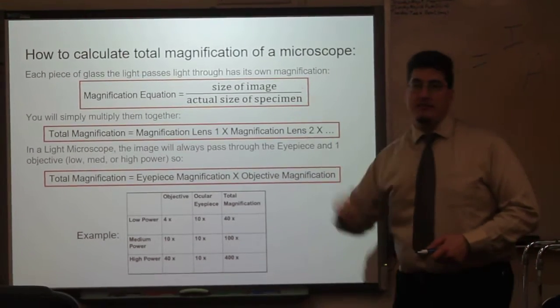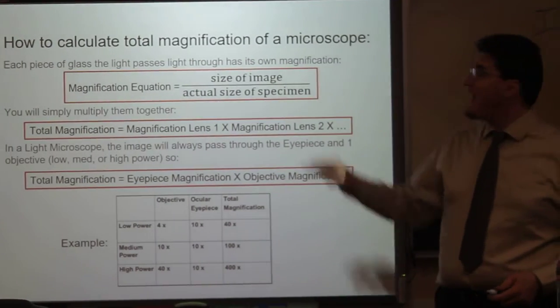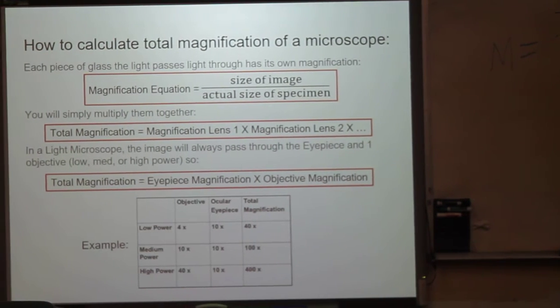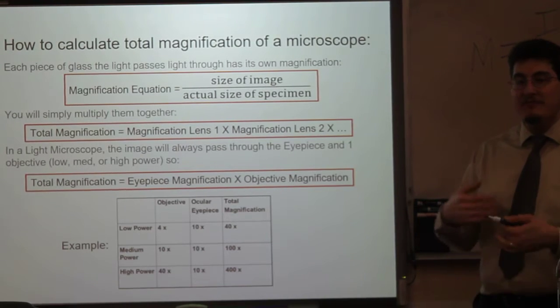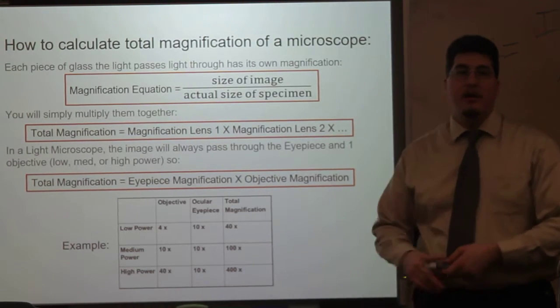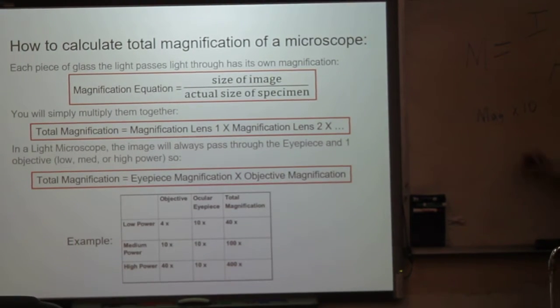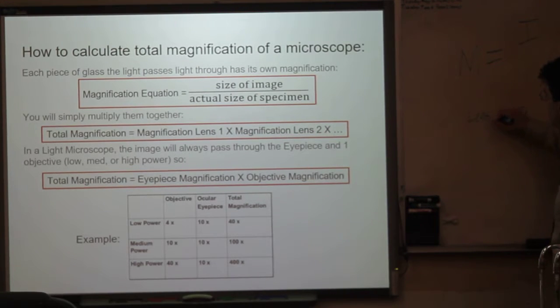The total magnification is the magnification of the first lens multiplied by the magnification of the second lens, multiplied by the magnification of the third lens, by the fourth lens, by the fifth lens, by the sixth lens. However many lenses you have, the magnification of that lens multiplies by the next one. So if I have a lens that magnifies times 10, lens 1, and another lens, lens 2, magnifies by 40.